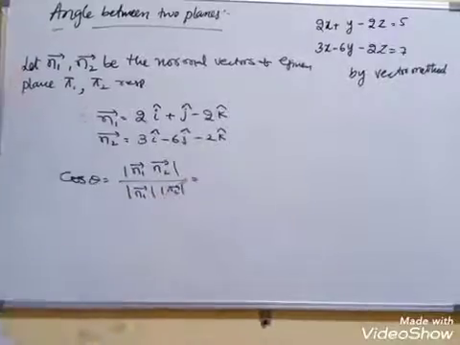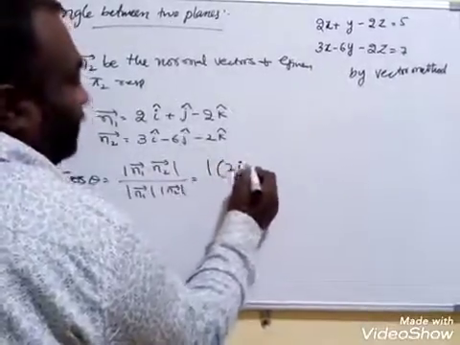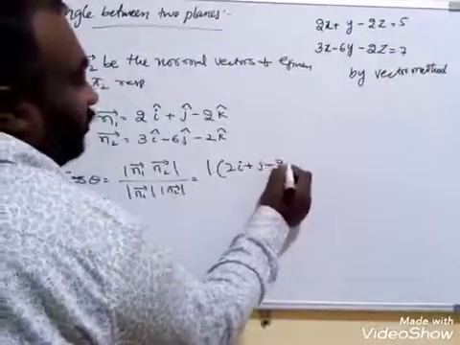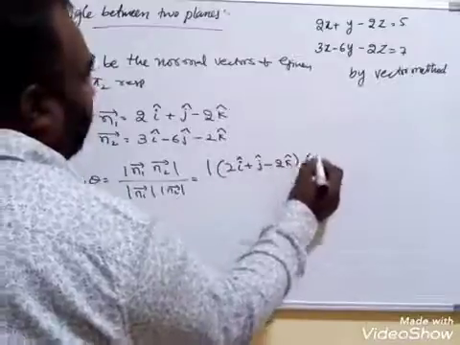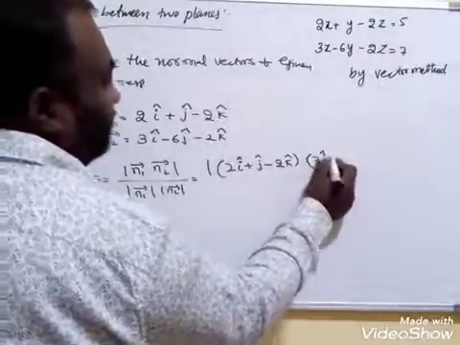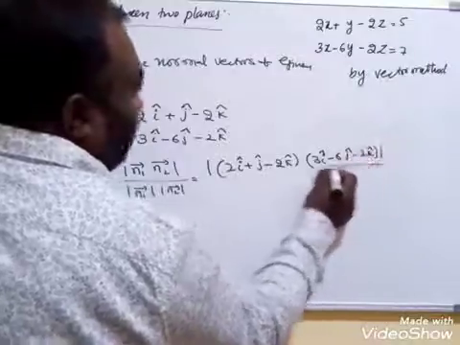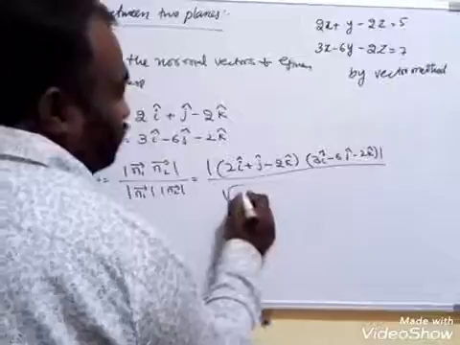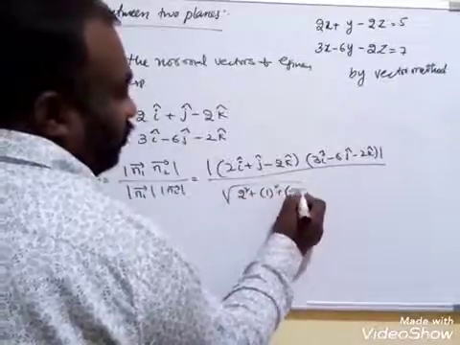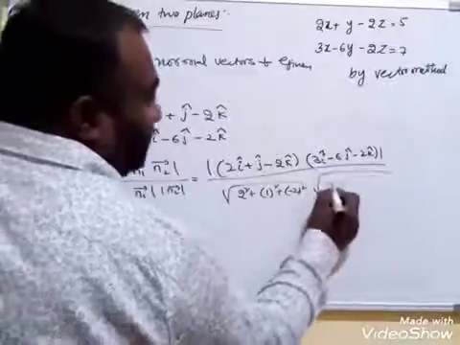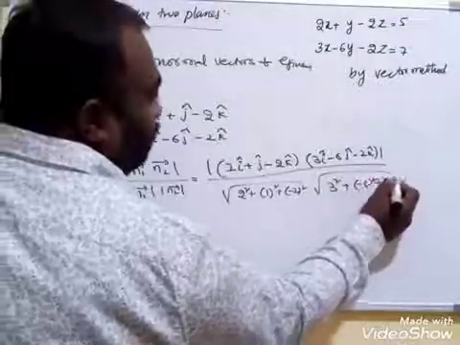That is equal to (2i plus j minus 2k) dot (3i minus 6j minus 2k) by root of 2 square plus 1 square plus minus 2 whole square into root of 3 square plus minus 6 whole square plus minus 2 whole square.